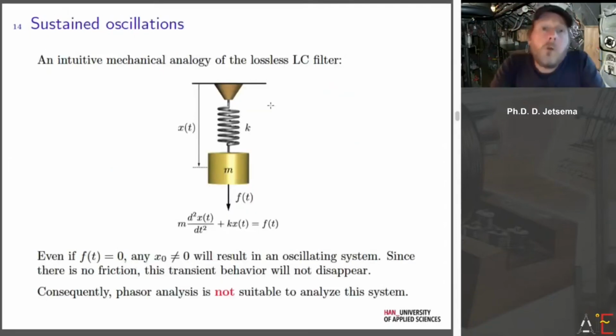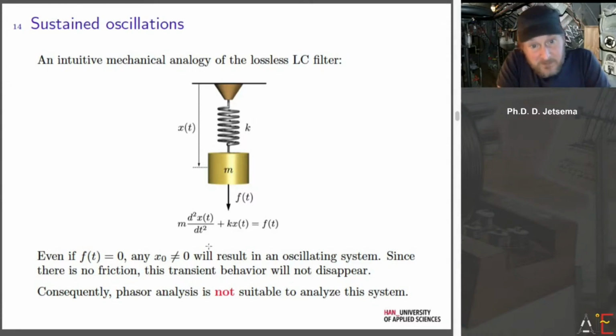Well, sometimes it makes sense to look at other engineering domains, and an intuitive mechanical analogy of a lossless LC filter is this mass spring system, where there is no friction. It's like an almost perfect elastic spring, and you have just a perfect mass.